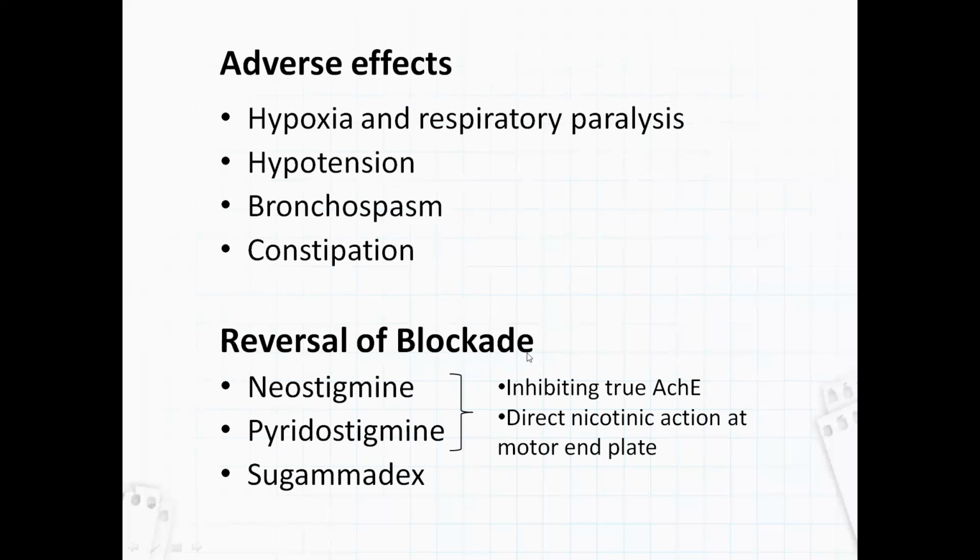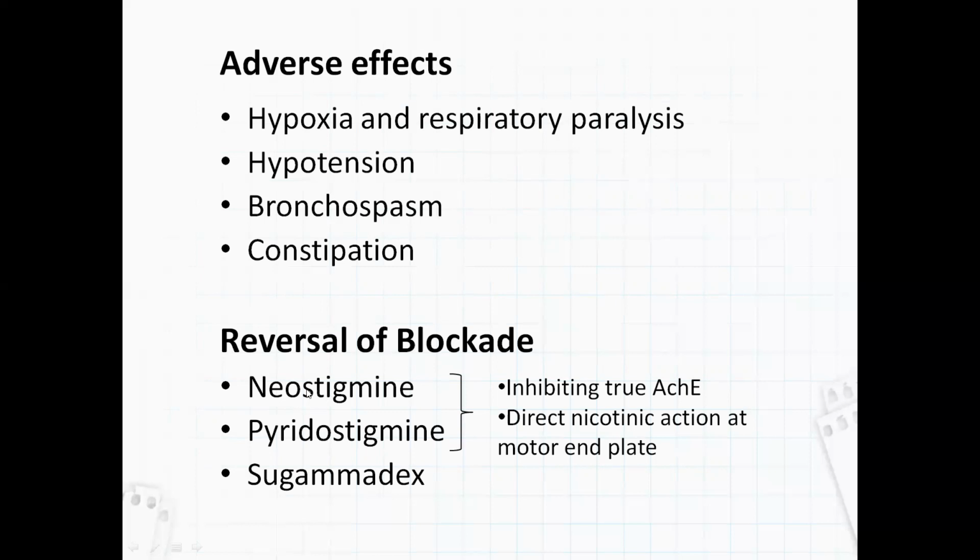So reversal of blockade, in case the non-depolarizing blockers are taken in excess. How can the blockade be reversed in case of any poisoning, like that curare? We saw how curare is used as poison. In those cases, we need to reverse the blockade.